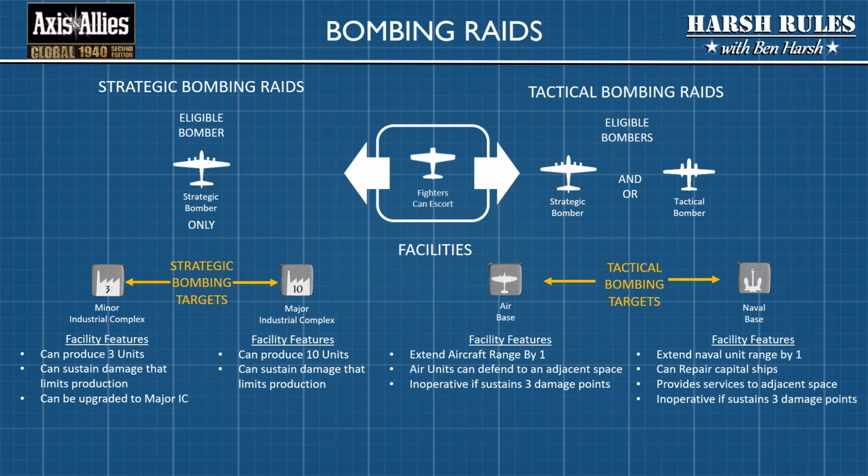These raids can be conducted by either type of bomber. Raiding groups can be comprised of bombers and fighter escorts. However, a raid is considered a combat move and all air units involved cannot participate in any other combat during the turn. Bombing raids are conducted in 4 steps.